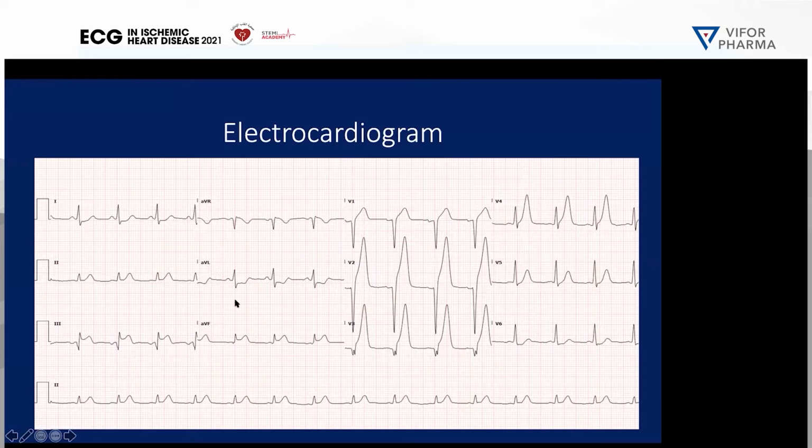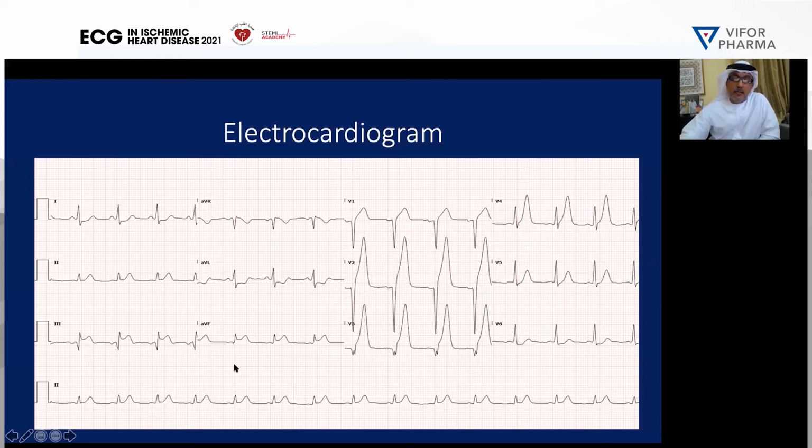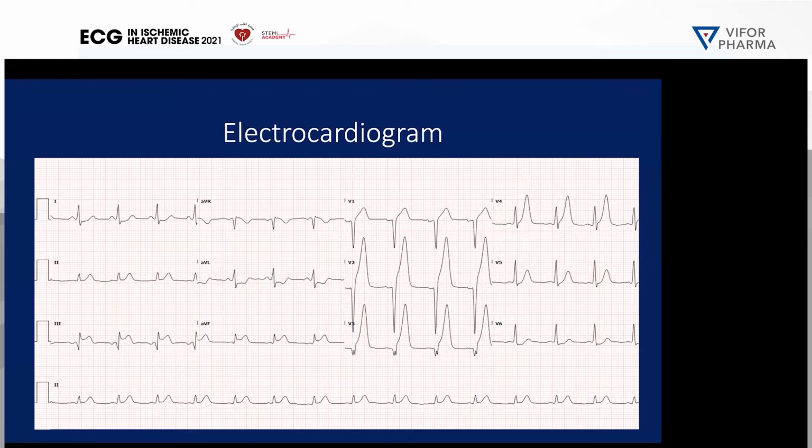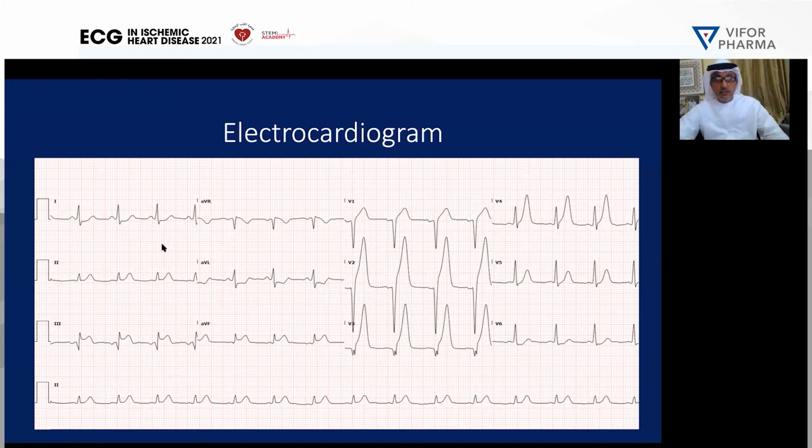The inferior ST elevation can be explained, Dr. Bakir, by what we call a wraparound LAD. Yes, most probably this is a wraparound LAD, and you look also at aVL and V6, there is some ST segment depression indicating reciprocal change. True, exactly. So those ST depressions are reciprocal changes. But this patient has anterior ST elevation with inferior ST elevation also, and of course this is a high risk patient.